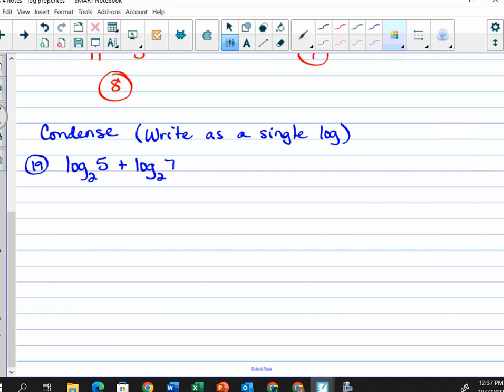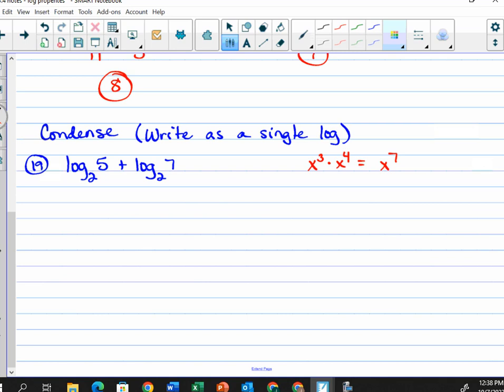Think back to basic exponent rules. If I had x cubed times x to the 4th, what would that be? Okay. So you add exponents when things are multiplied together, right? Here I'm kind of going the other way. I have these logs added together, which means I can condense them with multiplication.